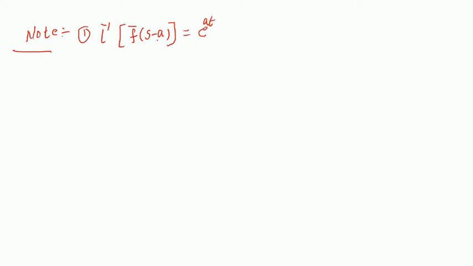Then the role of a is completed, and the remaining term is L inverse of f bar of s. So this is equal to e power at into f of t.